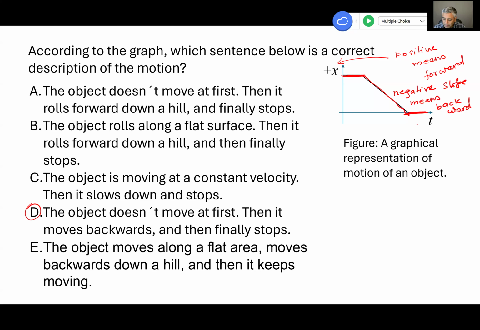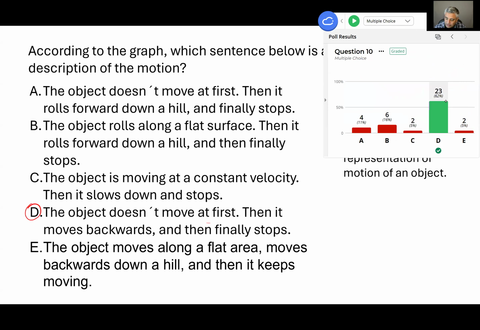And again, flat means not moving. So that's why D is the correct answer. Okay, good job.